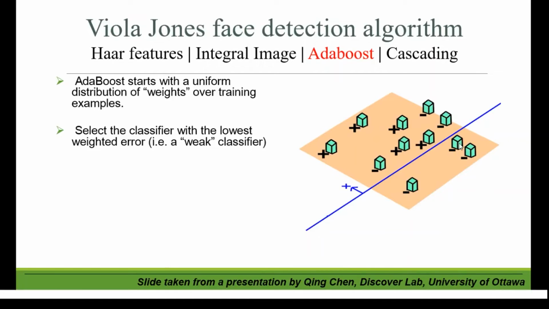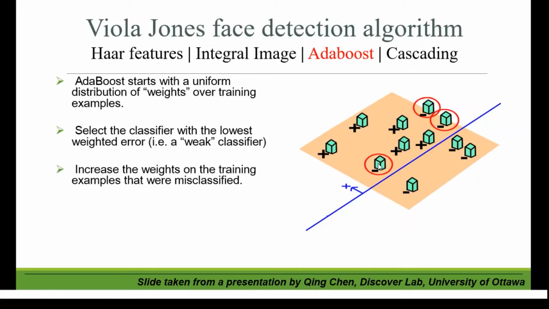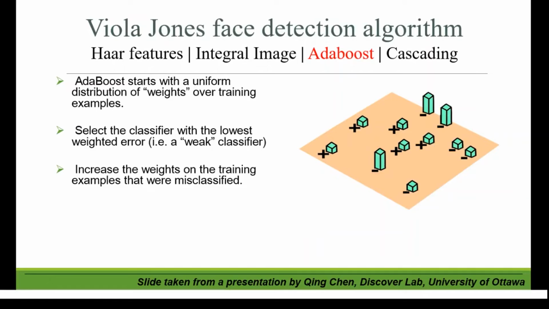As you can see, it has classified almost correctly, though these two are wrong and this one is wrong. So now we'll increase the weights of those which are wrong, and we are doing this so that the next classifier focuses more on the ones which are wrong.